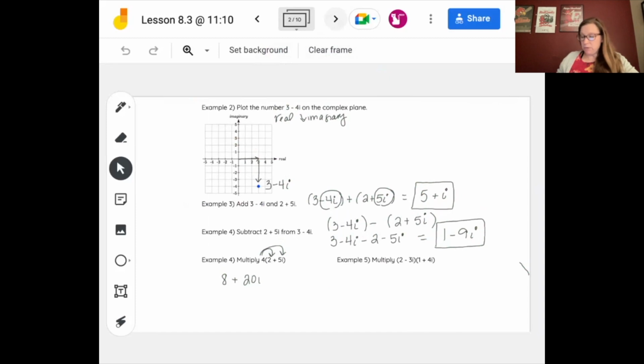And we can even use the distributive property. So bear with me here. We've got 2 times 1, 2; 2 times 4i, plus 8i; negative 3i times 1, negative 3i; and negative 3i times 4i I know is negative 12i squared. Well, I can combine the middle two, combine like terms.